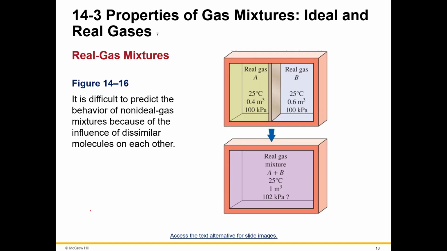It is difficult to predict the behavior of non-ideal gas mixtures because of the influence of dissimilar molecules on each other. So that's why we get approximate answers and we don't get exact, because it's very difficult. It's very difficult, in my opinion, working with non-ideal gases versus ideal gases, because ideal gases seem to be very straightforward.